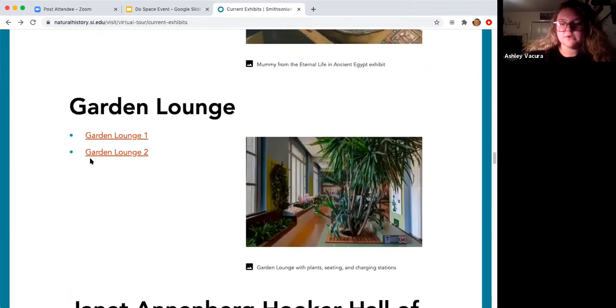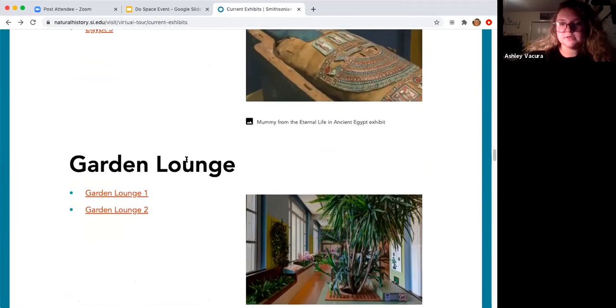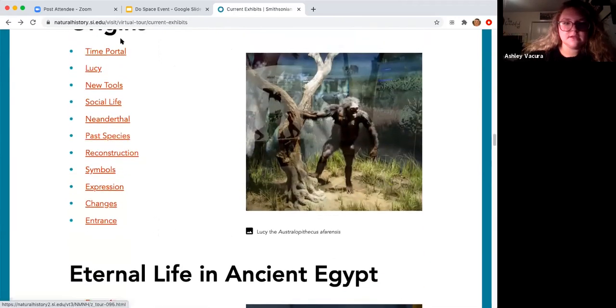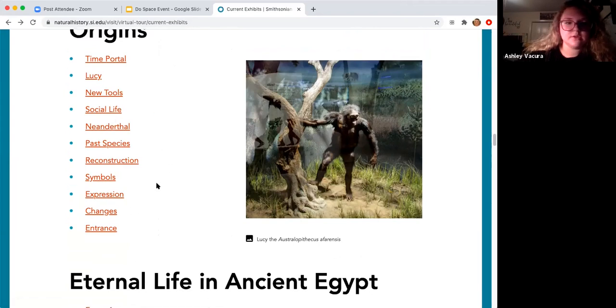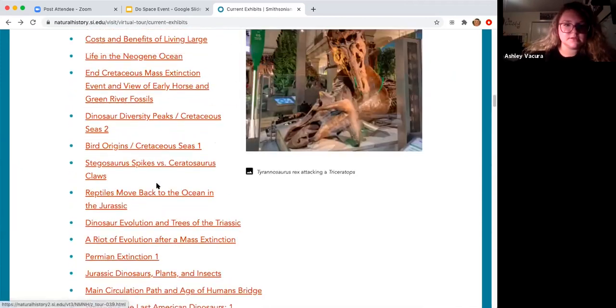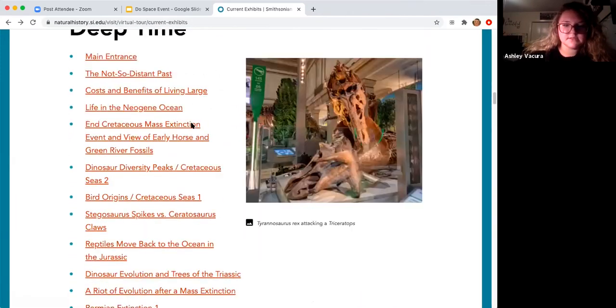A garden. So if you're interested in plants or flowers and learning more about Egypt and their culture. And then apes. So Lucy was the name of a famous monkey. So if you're interested in that, you can look at that. We kind of looked at this, but it says fossils.